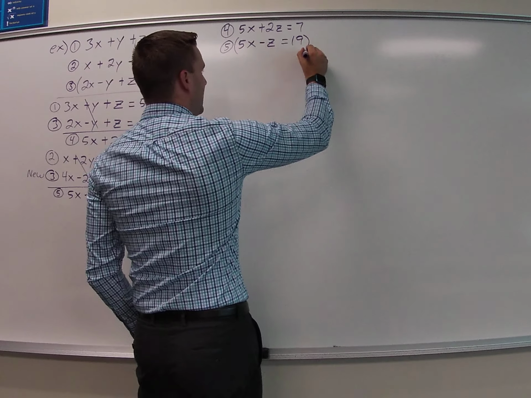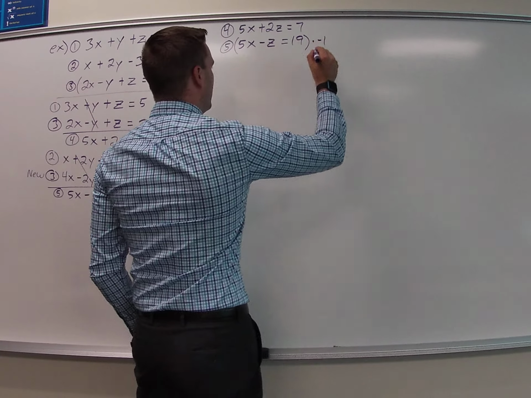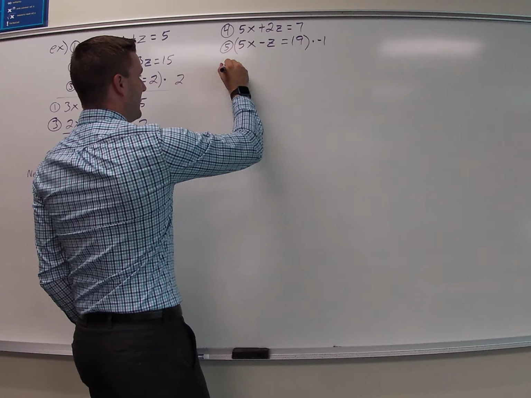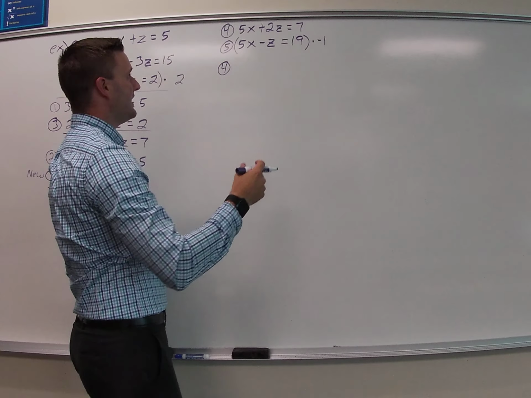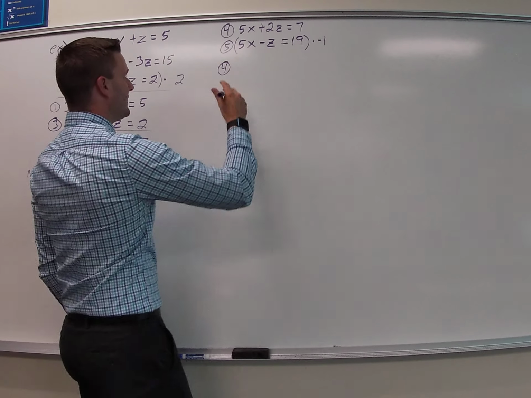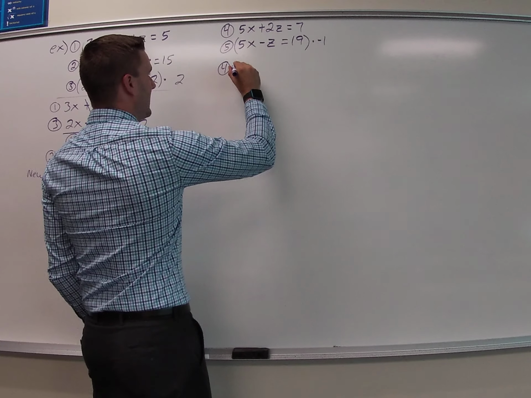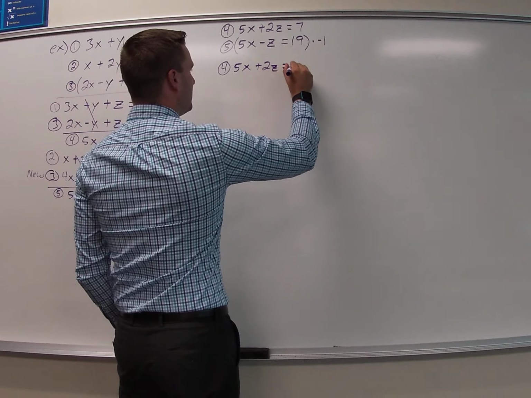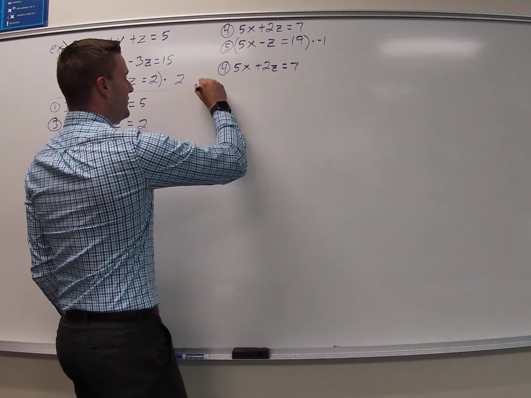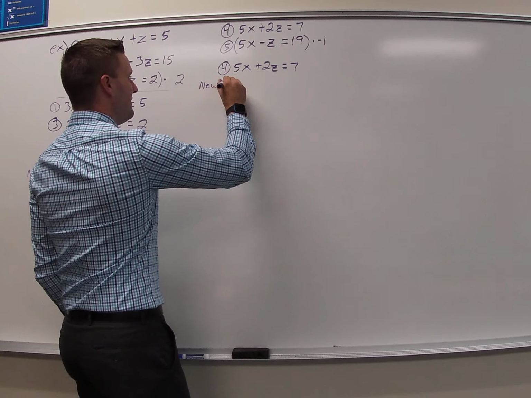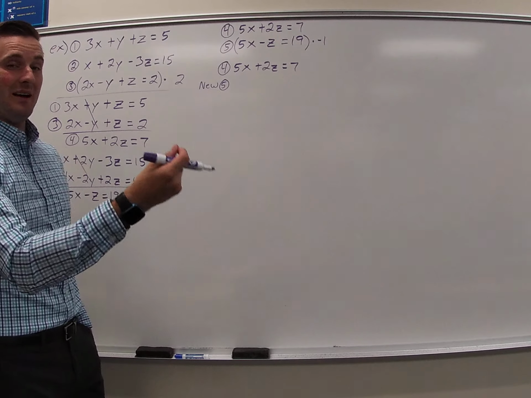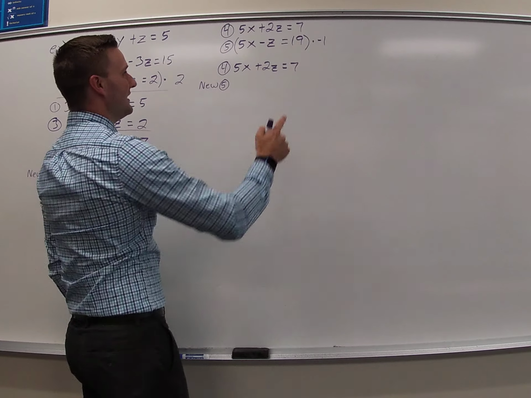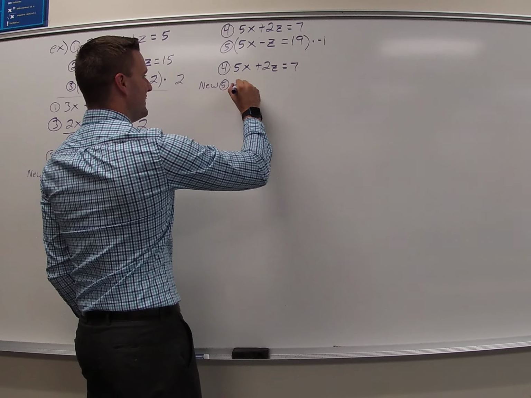I'm going to multiply this line 5 by a -1, and I'm going to rewrite my line 4. So just to stay organized, keep the original lines clean, I want to rewrite line 4, so 5x plus 2z equals 7. Now my new line 5, after I multiply by a -1, what I'm going to get is -1 times 5x gives me a -5x.